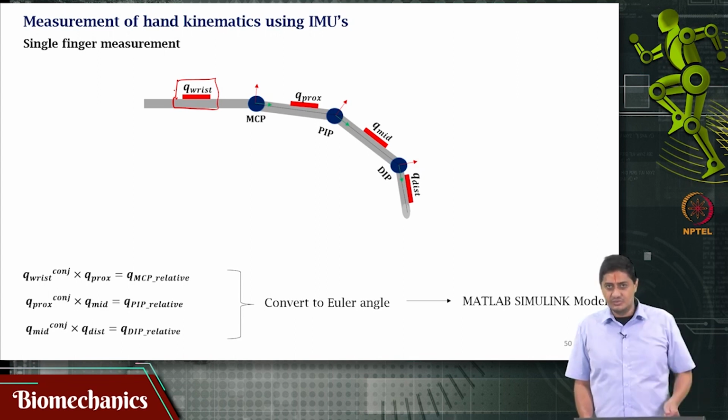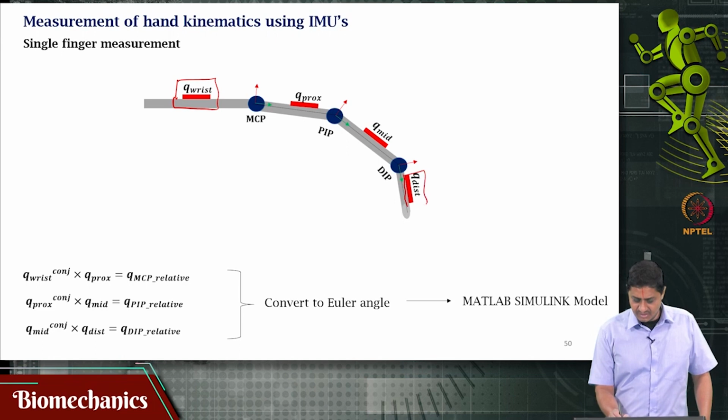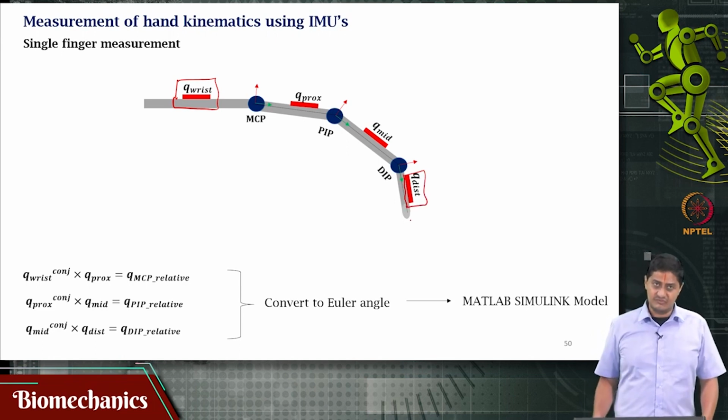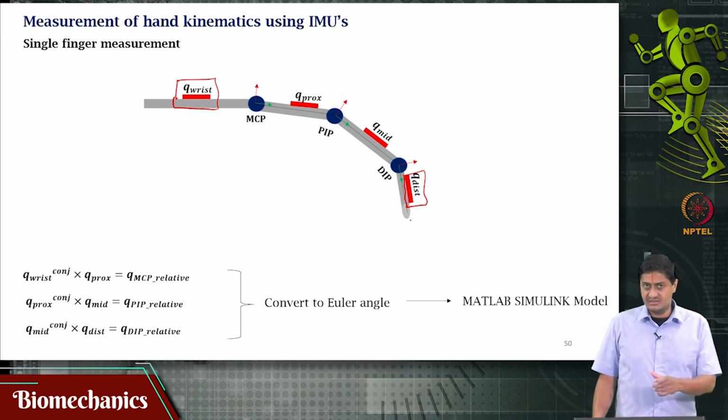and because I have only two IMUs to start with, I am placing the second IMU at the distal segment, of course, at the distal phalanx, because if I place it somewhere else, I will miss the total kinematics of the distal phalanx if I place it in a more proximal place.